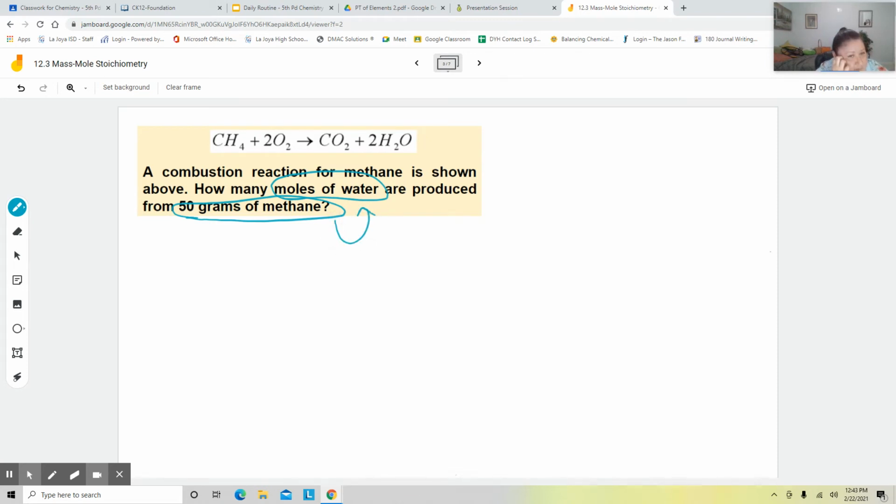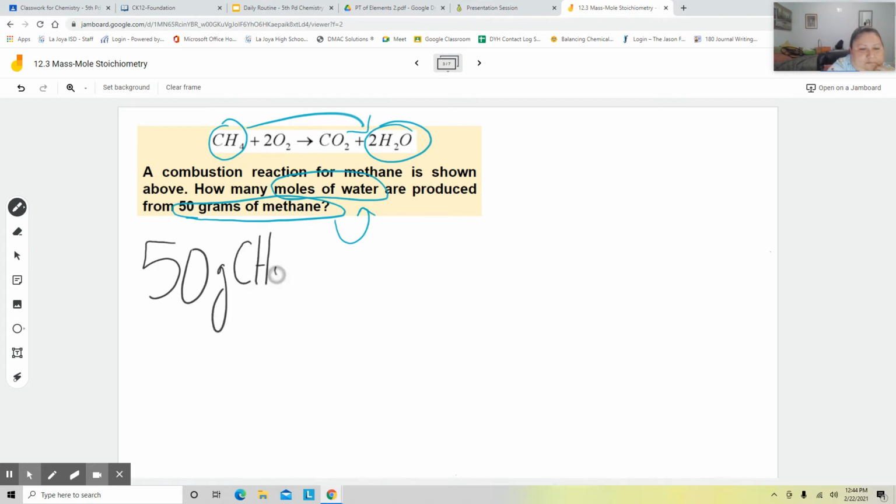All right. Methane is my CH4. My water is H2O. And I'm changing this guy to that. So I've identified all the important information from our question and the reaction. Half the work is done. So we're going to start with our 50 grams of methane, and we're going to divide it by the molar mass of methane, which was our first Pear Deck question.